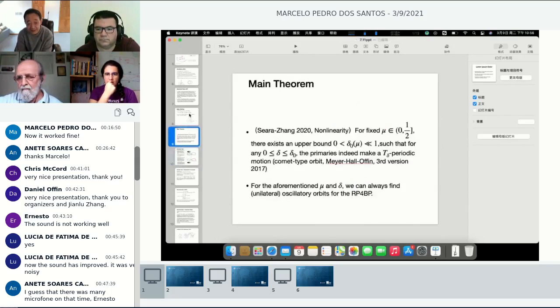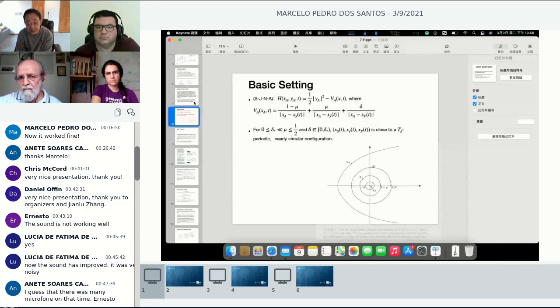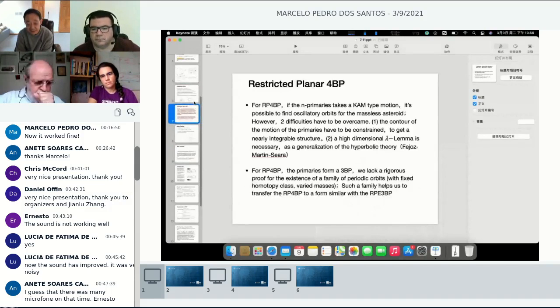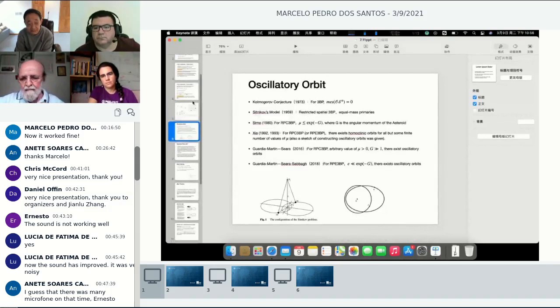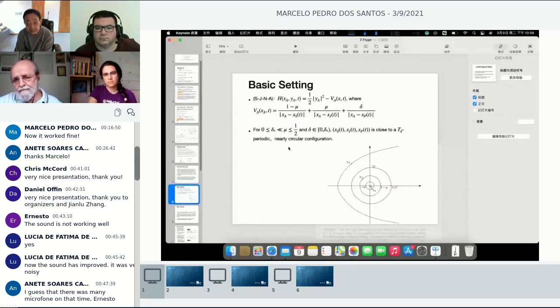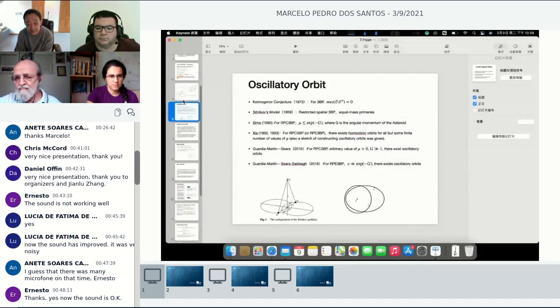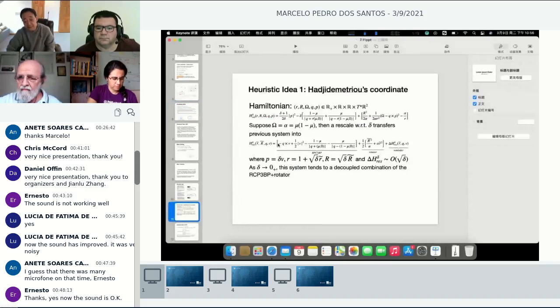But currently, the variation is not so helpful, because in the rotating coordinate, the system is of 3 degrees of freedom, and it is indeed positive definite.